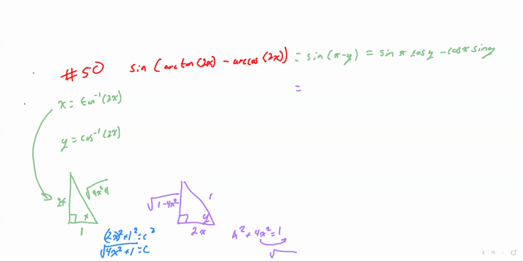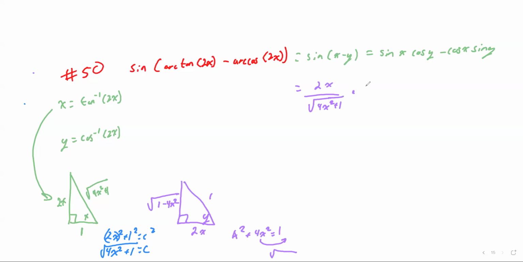So what you got to do here is, here's my x, and then sine is OA. So that's 2x over this. That's 2x over the square root of 4x squared plus 1 times cosine of y. So cosine of y is adjacent.